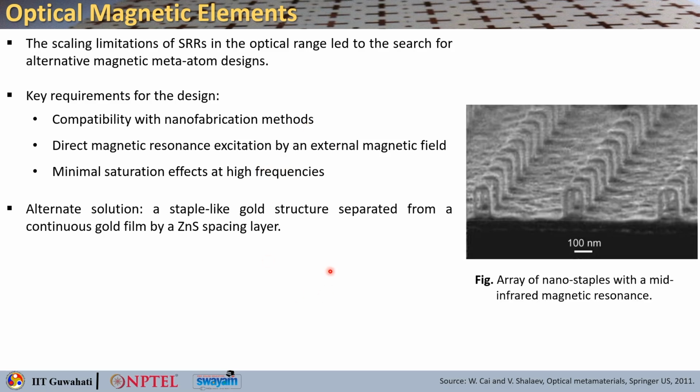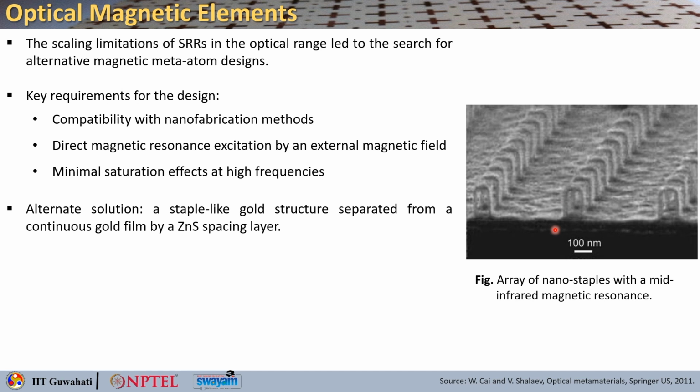So, an alternative structure people have thought of, compared to the typical double split ring resonators, is to fabricate a staple-like gold structure separated from a continuous gold film, as you can see in the figure. Here the structure basically consists of an array of gold staples which are separated from a continuous gold film by a zinc sulfide spacing layer.